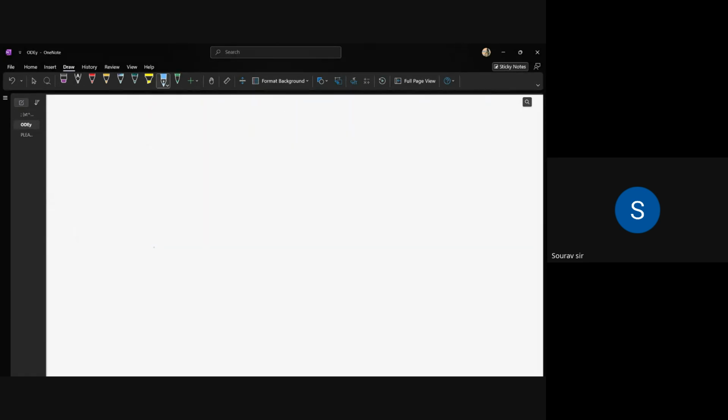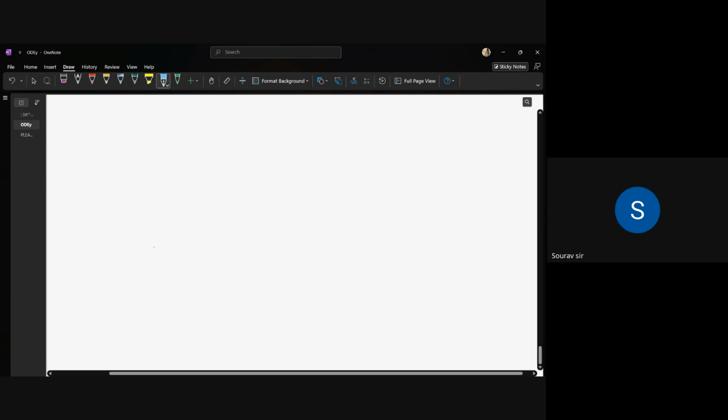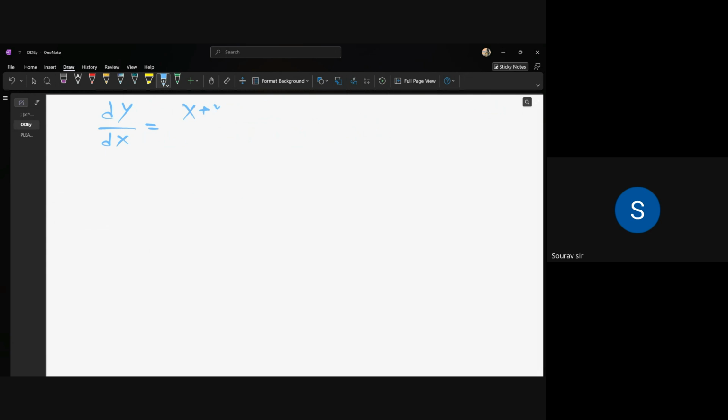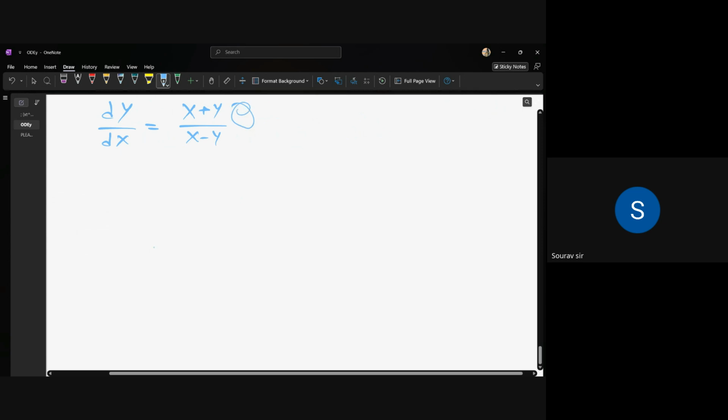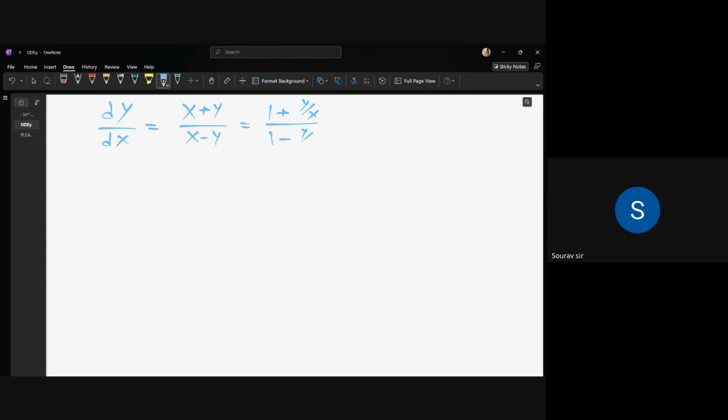So what are we getting now? We get dY by dX equals (X plus Y) over (X minus Y), since we evaluated those constant parts to be 0. So now finally we will get this.